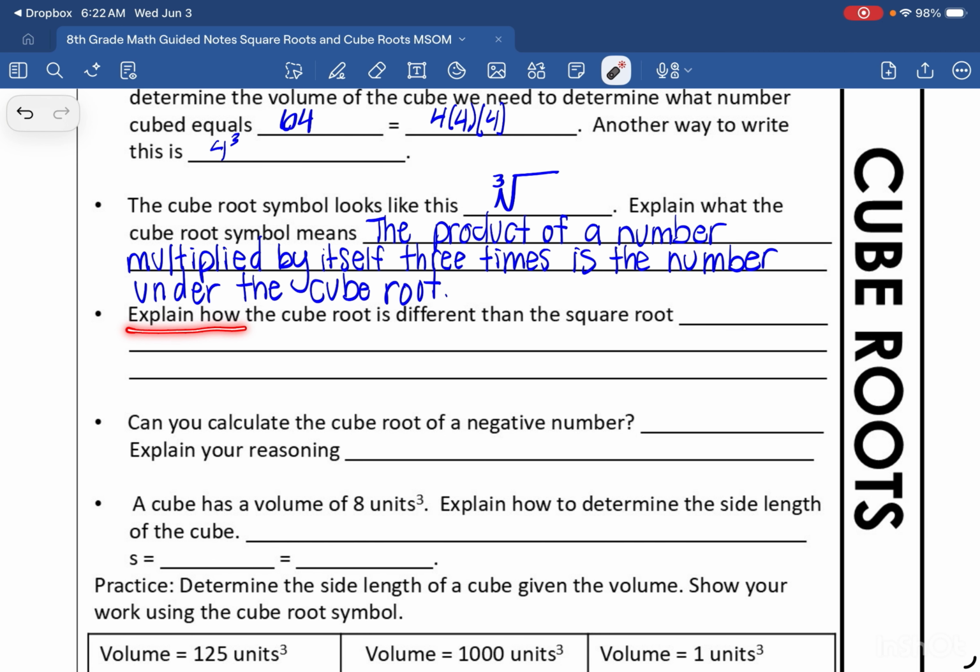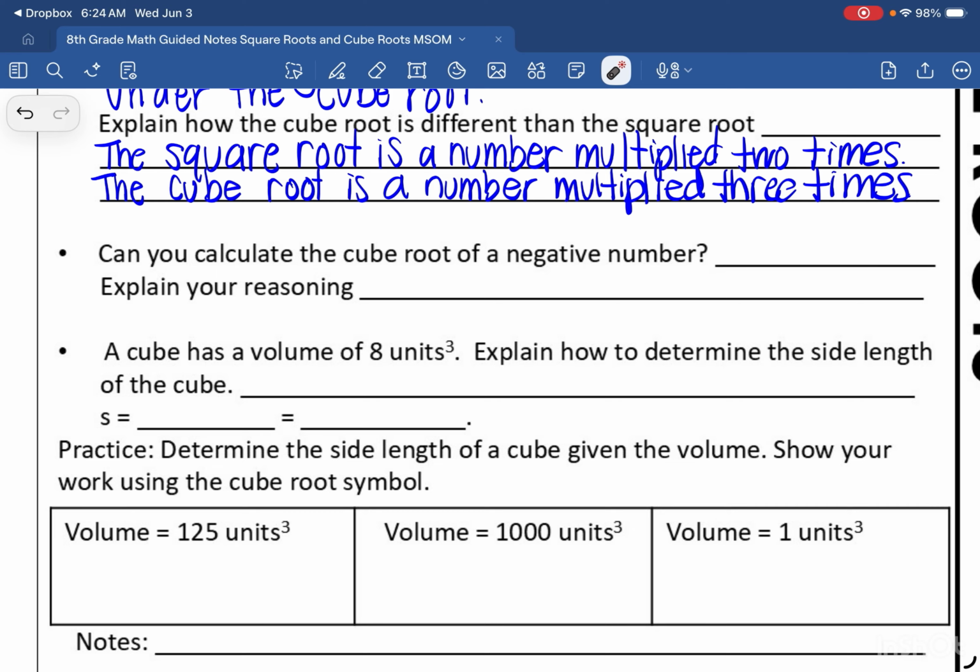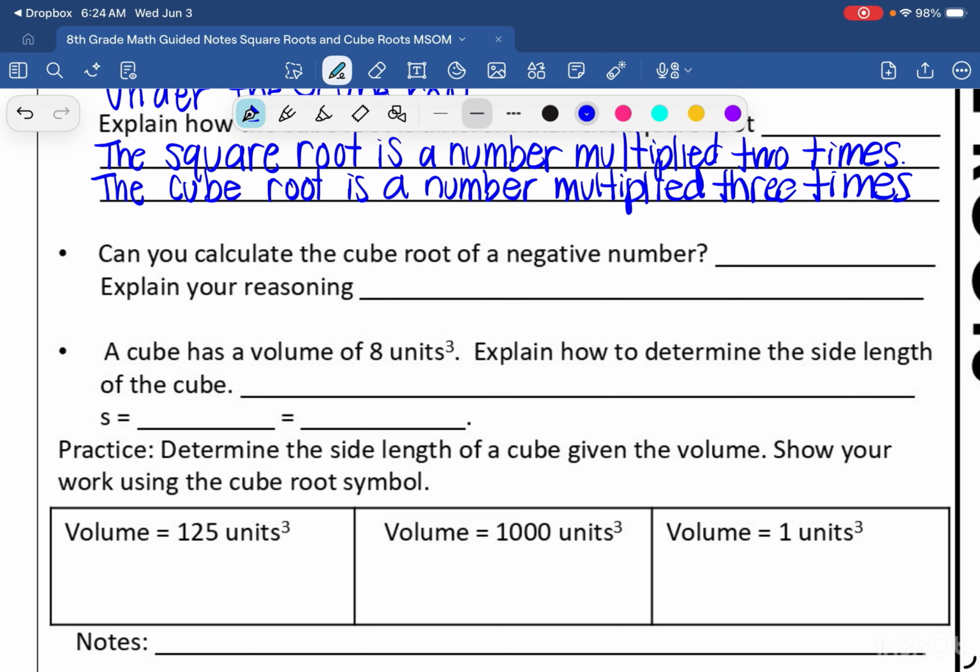Then it says, explain how the cube root is different than the square root. So the square root is a number multiplied by itself twice. The cube root is a number multiplied by itself 3 times. Then it asks me, can I calculate the cube root of a negative number? So can I multiply a number by itself 3 times to get a negative number?